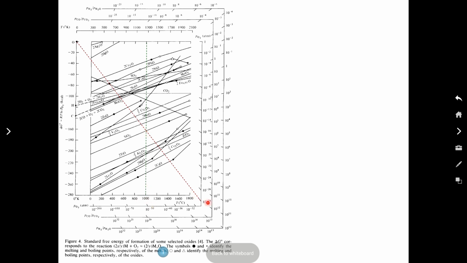It will actually create a PO2 of 10 to the negative 28 atmospheres. So that's the idea of the Ellingham diagram.